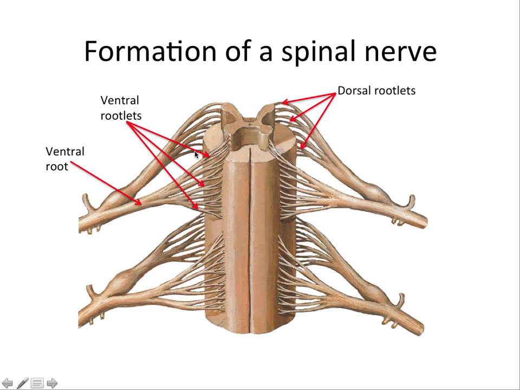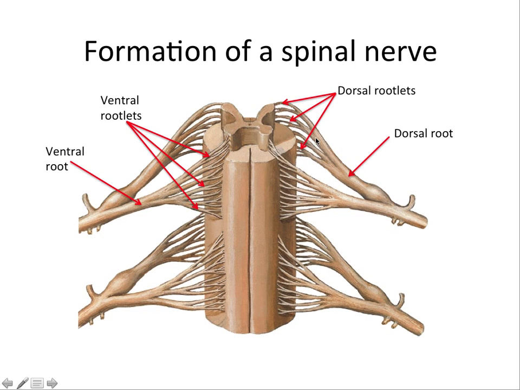So the motor is efferent, and the sensory information is going to be afferent. Now these dorsal rootlets have come from this structure, this nerve, and we're going to call that the dorsal root. Again, exclusively sensory.